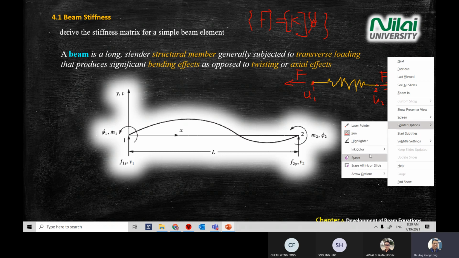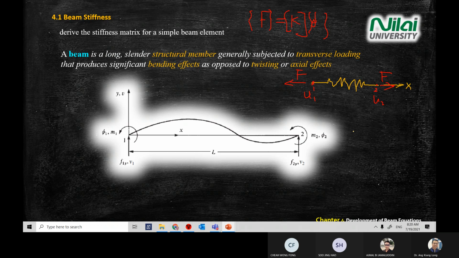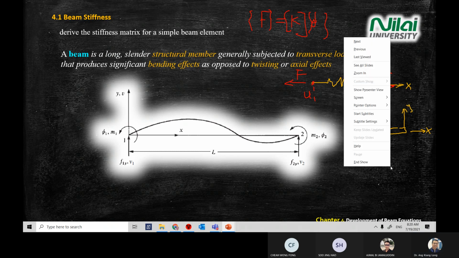What happens if you have a bar structure? A bar structure will always be represented by a line. You will have X direction and Y direction.